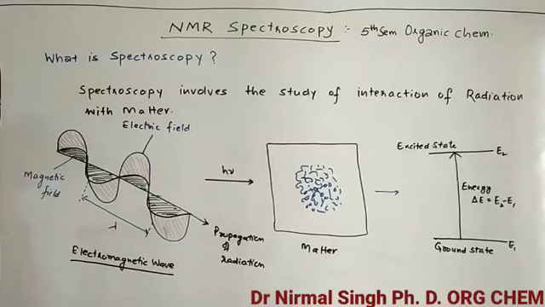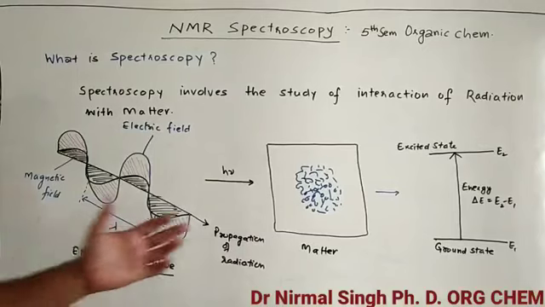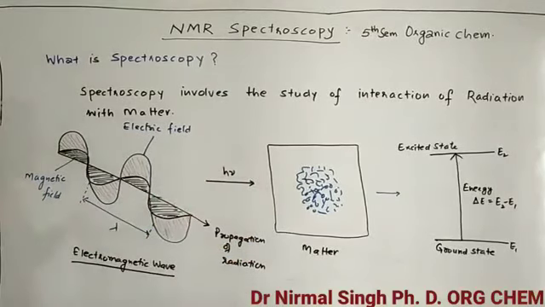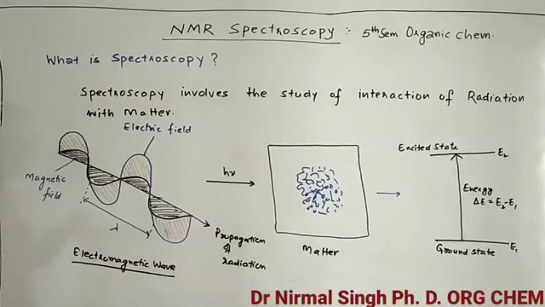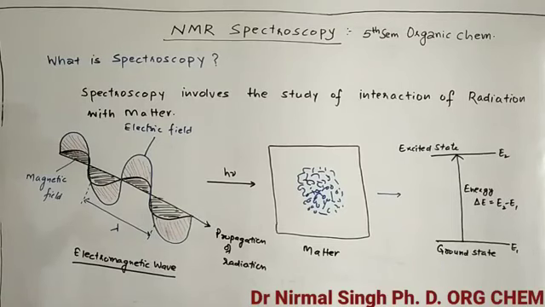Our main aim is to find out the structure of the organic compound, and by studying this interaction we can easily find these structures. So this is the basic concept of what spectroscopy is. The term spectroscopy is used to find out the structure of any unknown organic compound, meaning its nature.